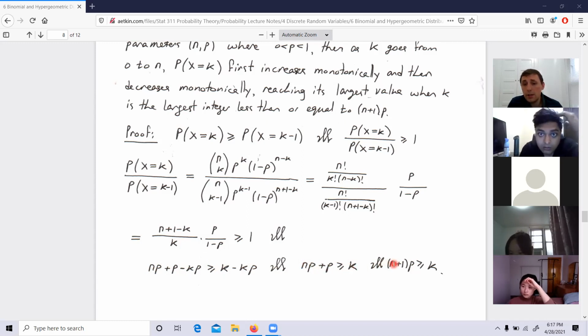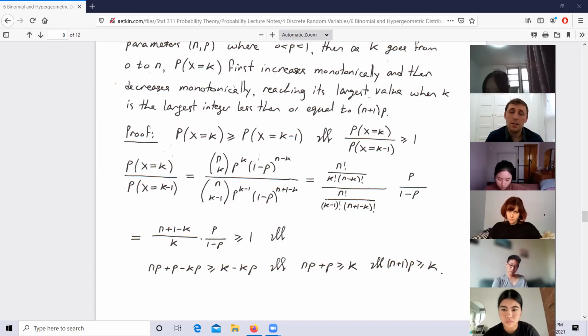And that means that we are having an increasing behavior as long as n plus 1 times p is bigger than the number of successes. You see? So just take the number of trials, add 1 to it, and multiply by p. And if that number is bigger than the number of desired successes, you will have a higher probability.